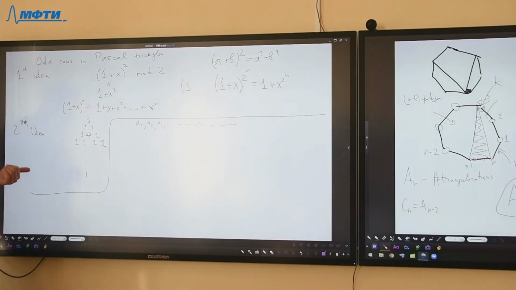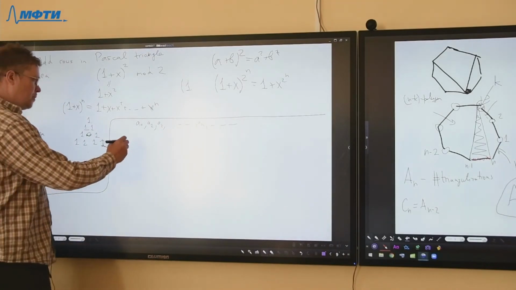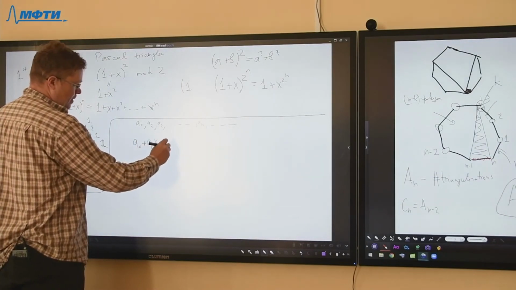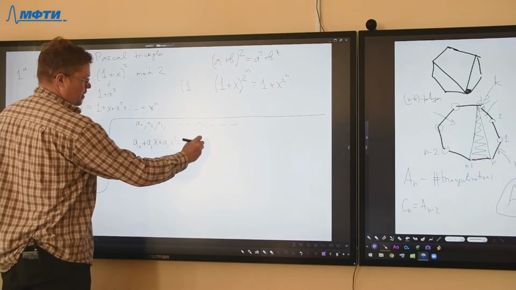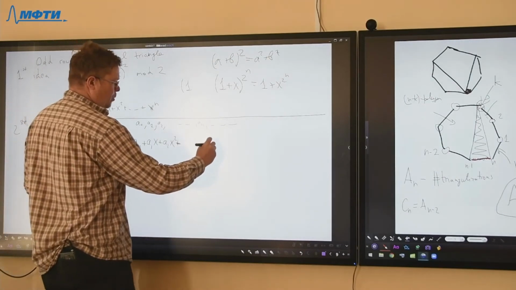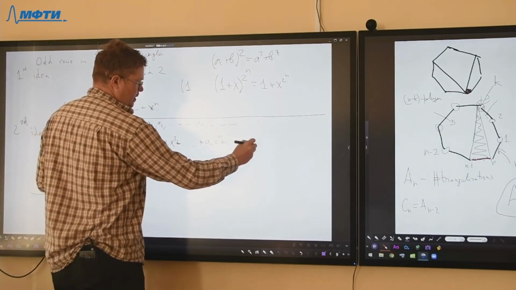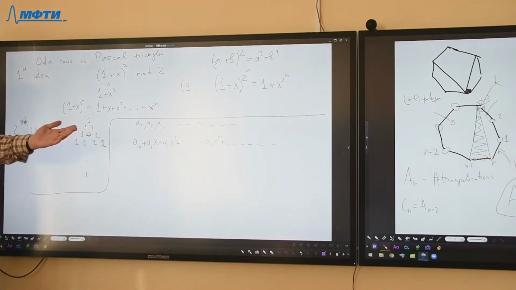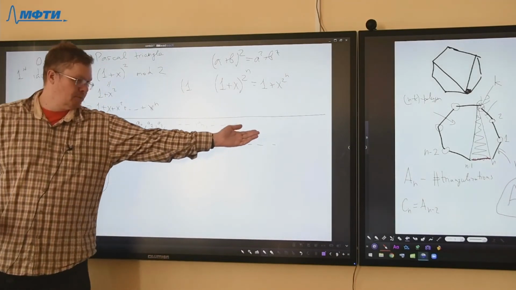And one way of looking at this is looking not at the sequences, but at some function of it. So, for example, we can look at so-called formal power series. It's just a polynomial with infinite powers.